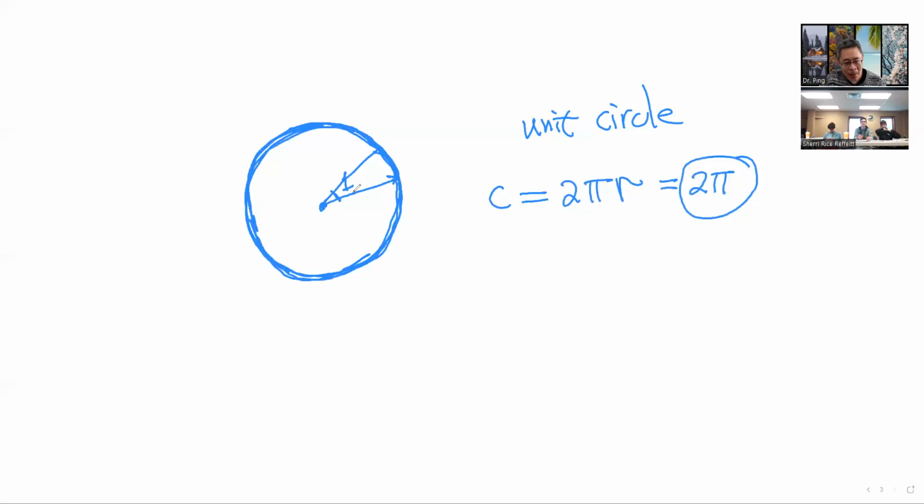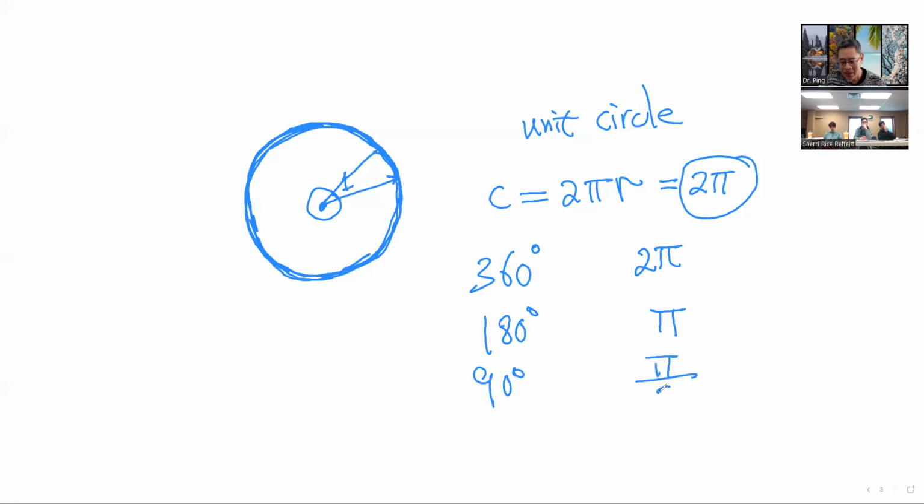But we also know that in degrees the whole thing is 360. So we have this proportion: 360 corresponds to 2 pi. That means 180 is just pi, and 90 is half pi. Good? Yep.